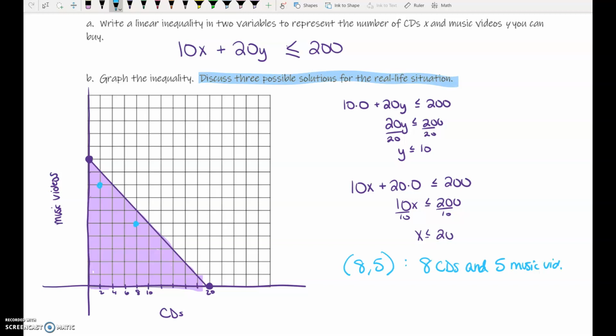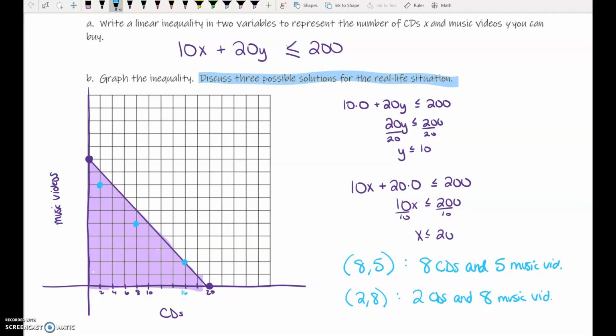This point right here means that we can buy 2 CDs and 8 music videos and still be within our $200 limit. We could also look at something like this right here.